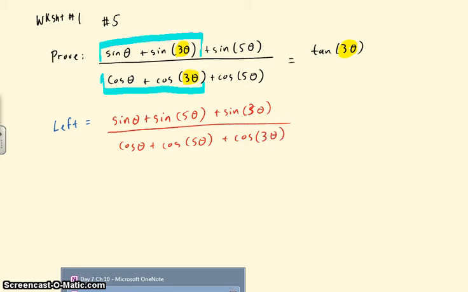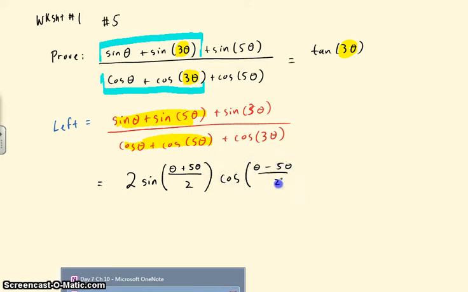So now I'm going to apply the sum-product identities on those two things. I'm going to apply the sine plus sine identity to the top here. So this is 2 times sine of half the sum, and then times the cosine of half the difference.